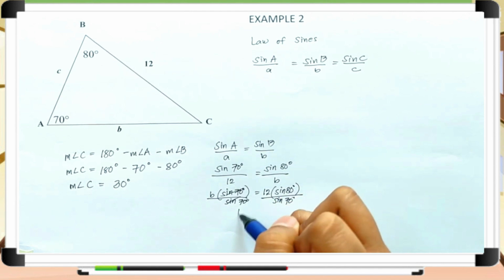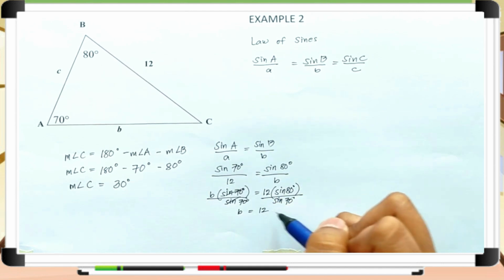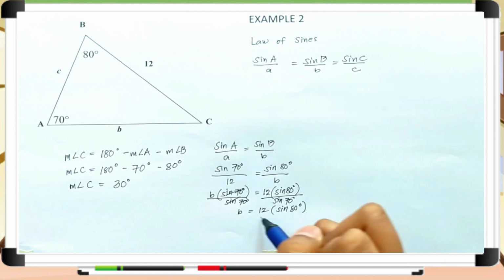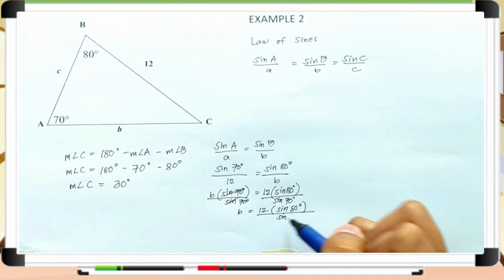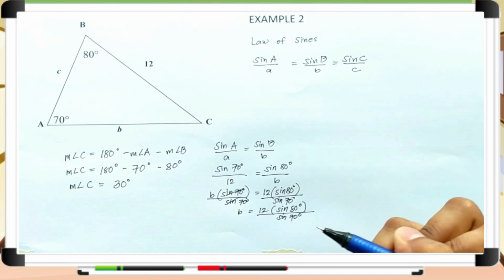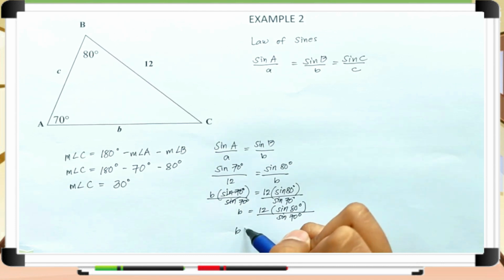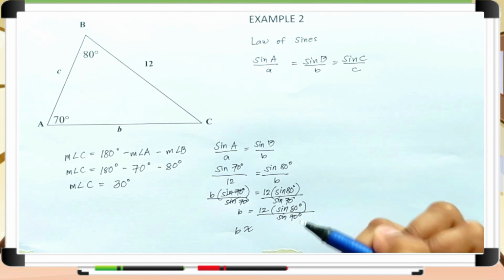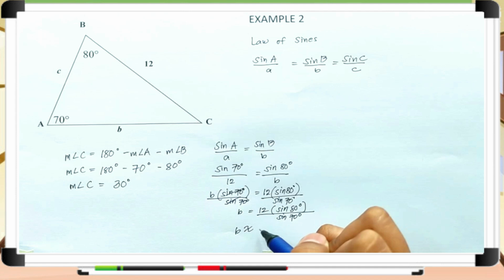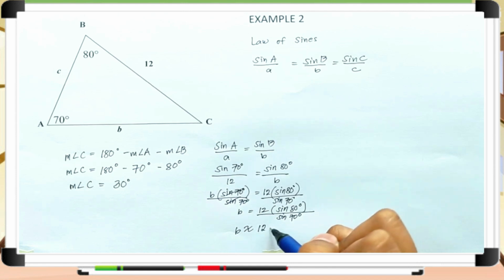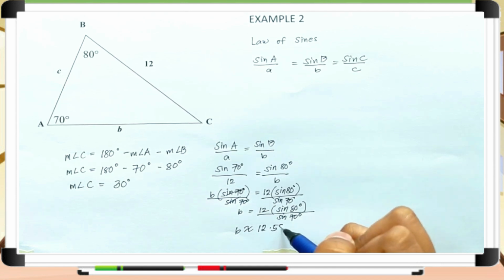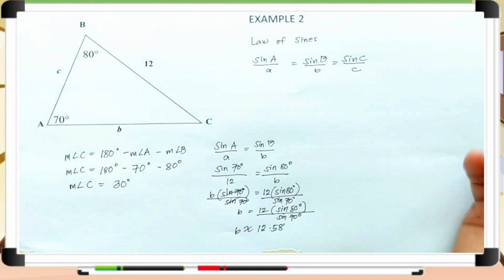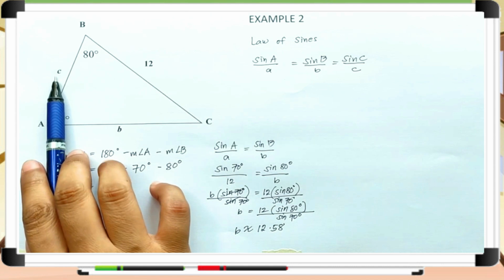We have now the value of B, 12 times sine 80 degrees over sine 70 degrees. So B is approximately, just input the values in your scientific calculator, 12.58.